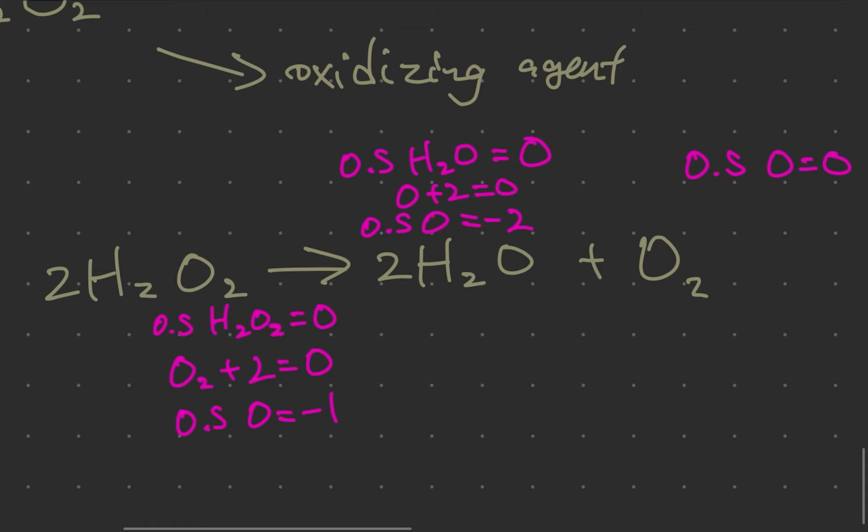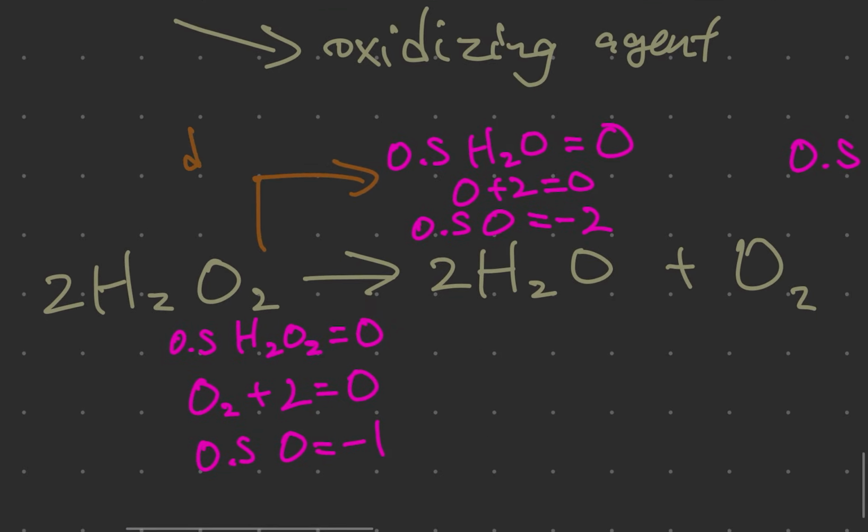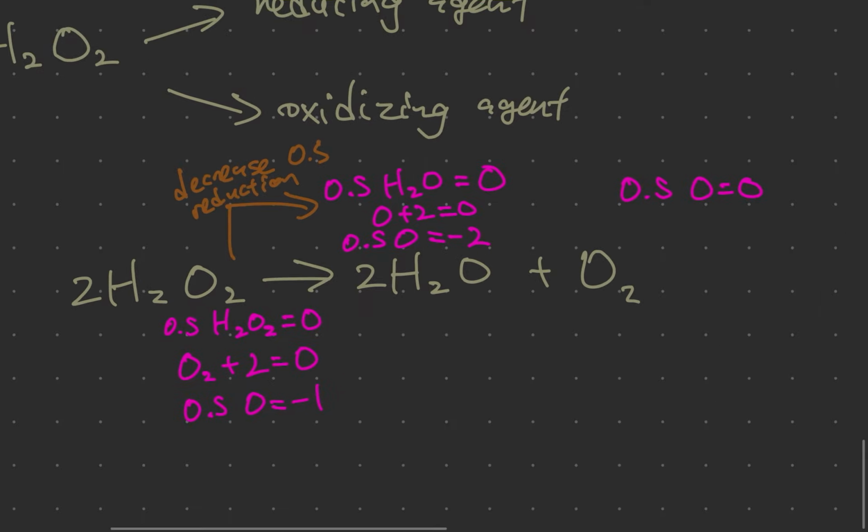So as you can see here, from -1 to -2, there has been a decrease in the oxidation state. And a decrease in the oxidation state will mean that electrons are gained, and thus we can say that reduction has taken place. It has been reduced.